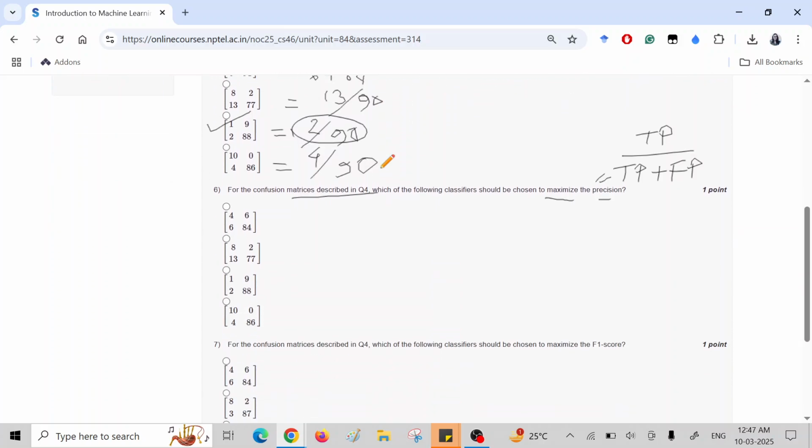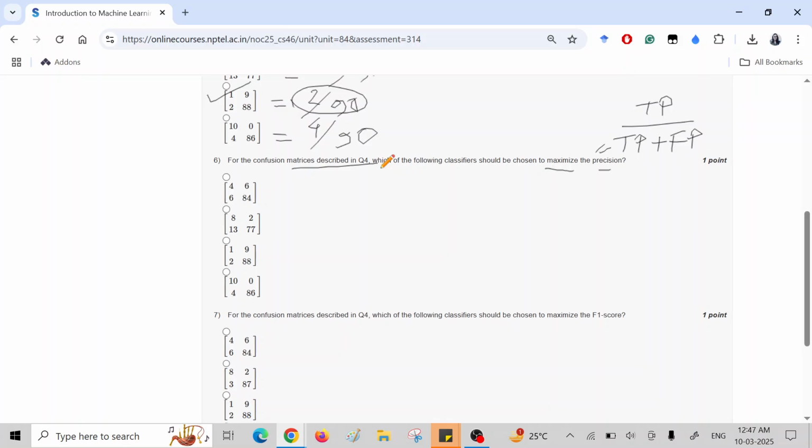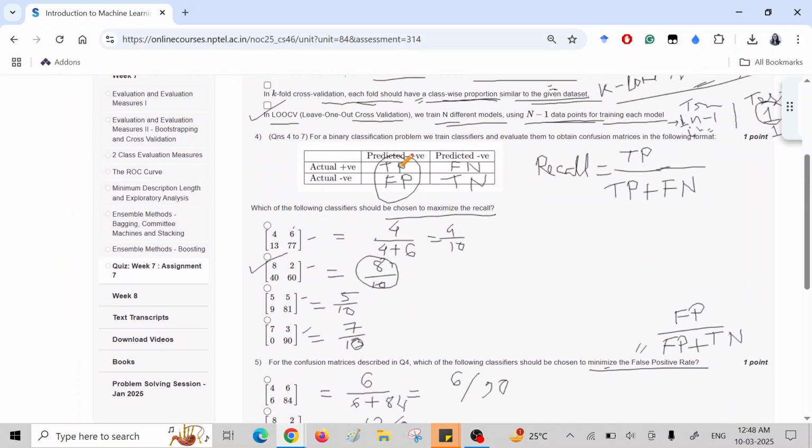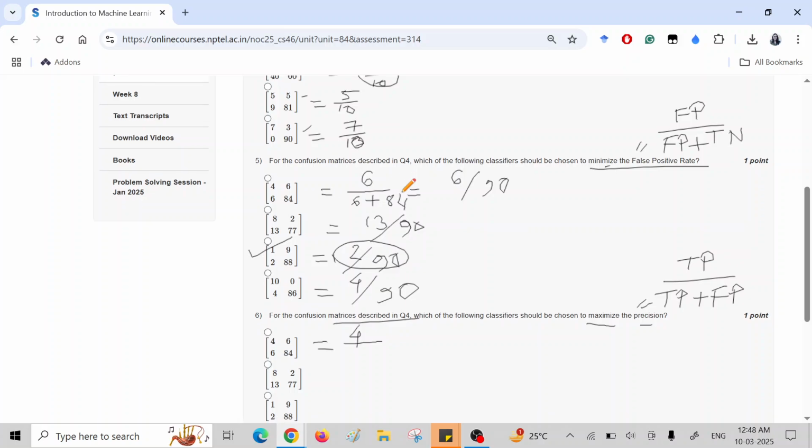So if we now see this precision value for each and every classifier, it will be 4 divided by the first column, right? Let me again verify. True positive, then the second row, first column is the false positive.